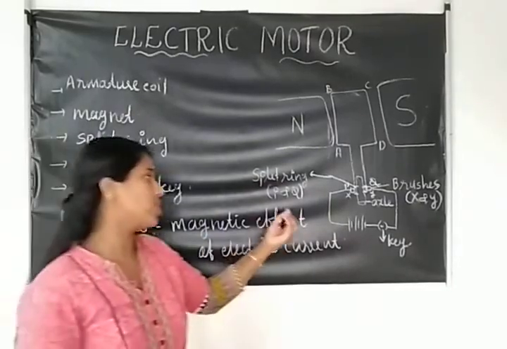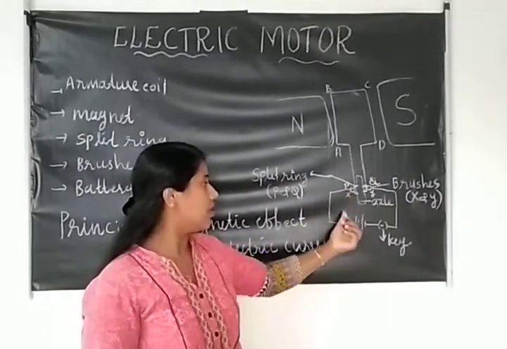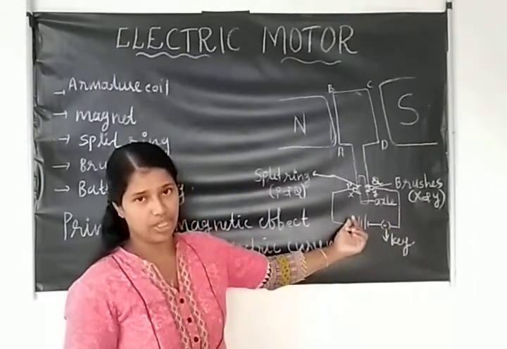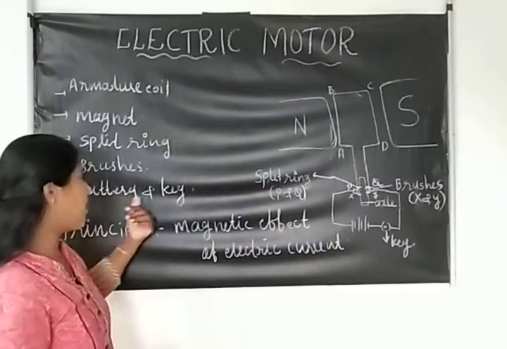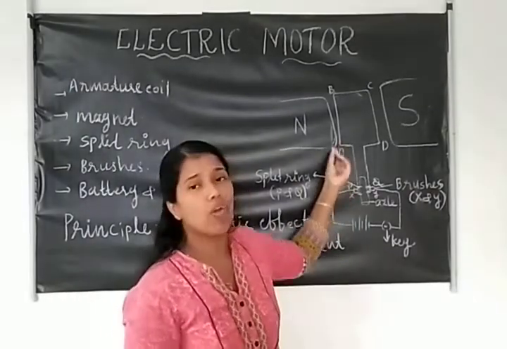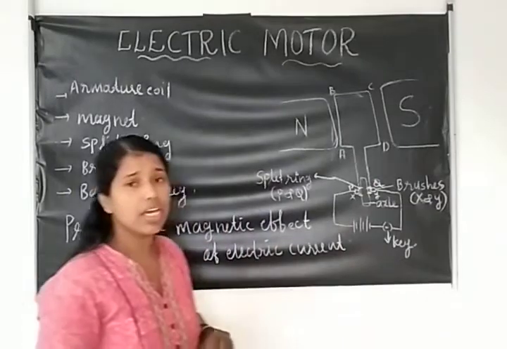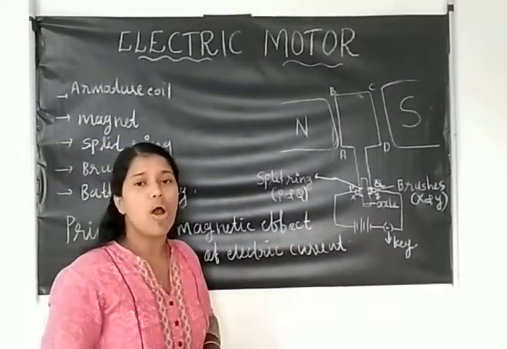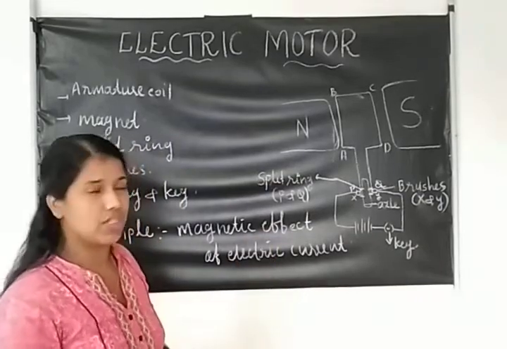They are stationary, just connected to battery and key for proper connection. Next one, battery and key. From the battery we get the current flowing through this circuit. When the key is closed, current passes through the circuit. When open, it cannot pass through this circuit.